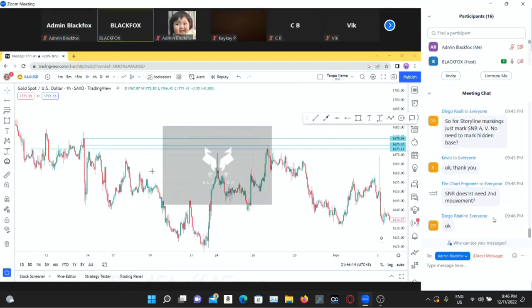Means apa maksudnya ni? Dia cakap SNR tu tak perlukah macam second movement, macam sudah breakout kan, macam ada S atas, bawah tu ada breakout lagi ke bawah. Macam Alif Awang punya SNR tu. Saya tidak tahu.